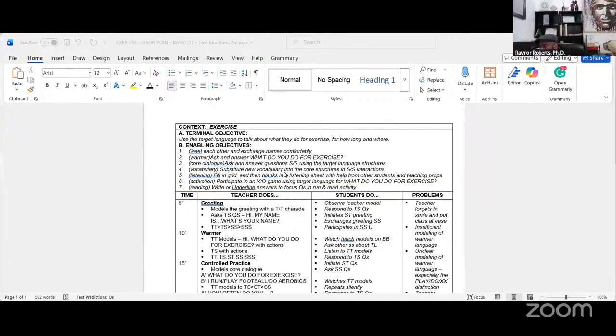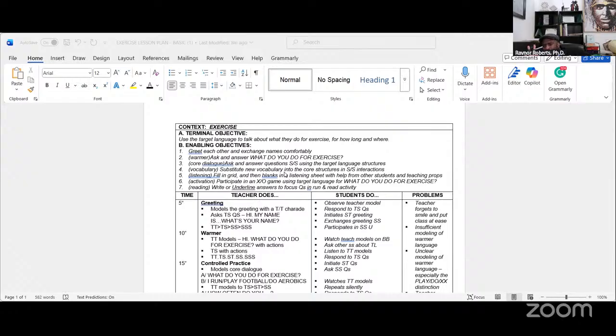If you don't consider the terminal objective, then a lot of times you're going to fall into the inert knowledge problem. So to avoid the inert knowledge problem, we think about the terminal objective. What can the learners take out of this learning transaction that they will be able to use for the rest of their life? Or if not, at least to solve a problem.